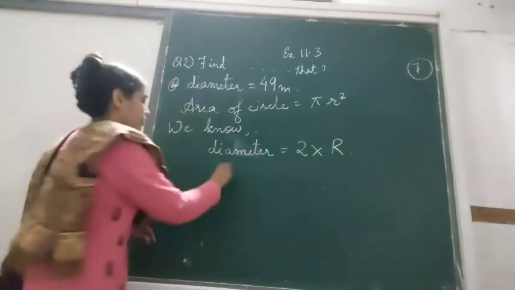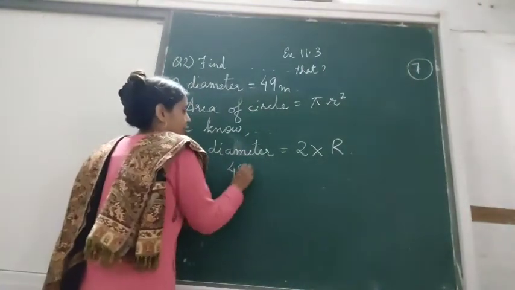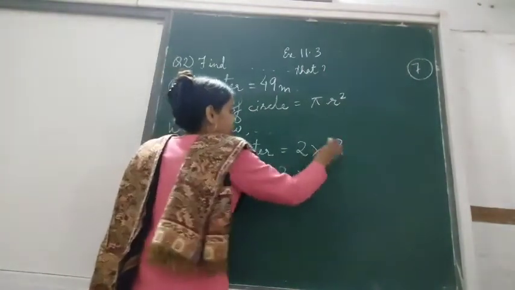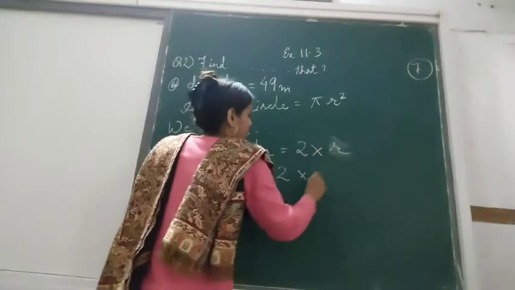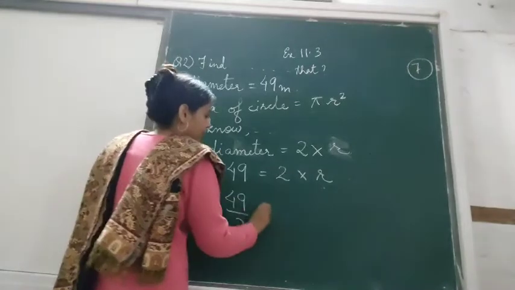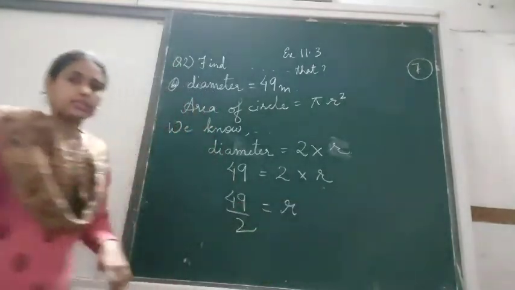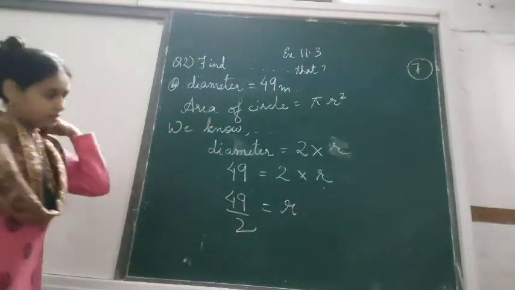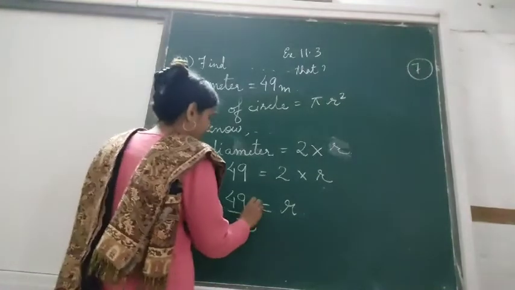Correct? So here in place of diameter we write 49, which is equal to 2 into r. Now this 2 shifts this side, so 49 by 2 gives us r, that is radius. So the radius is 49 by 2 meters.